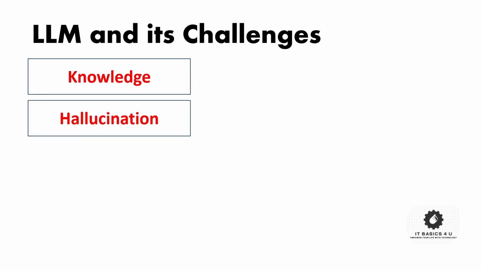Second, hallucination. That's another one of the challenges with large language models, which means you are getting a response from these models which seems to be correct, but it contains false information. That happens a lot with these language models.